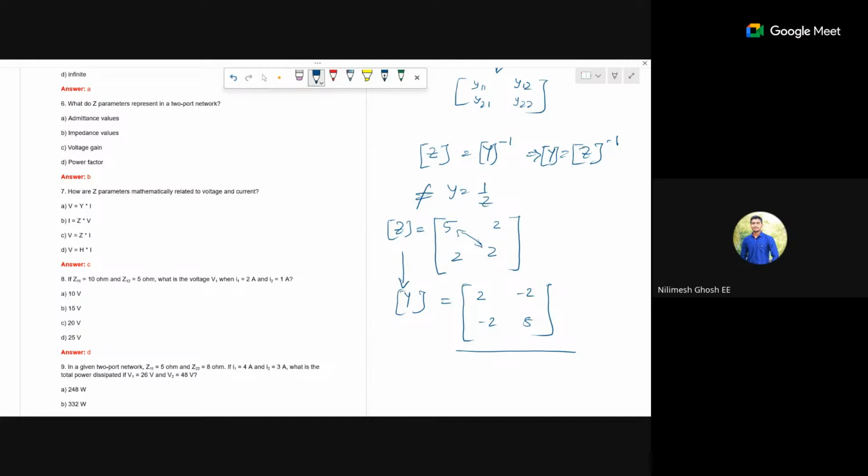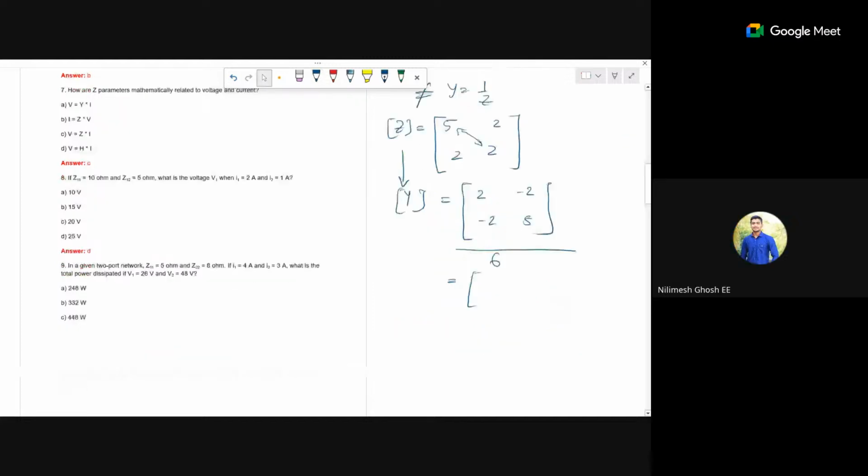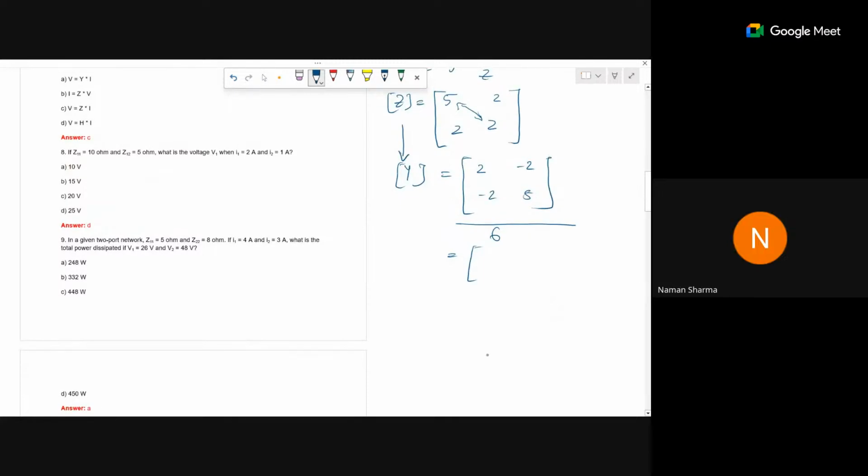And we have to divide by the determinant, which is 5 into 2 minus 4, so 6. So our Y matrix will be 1 by 3, minus 1 by 3, minus 1 by 3, 5 by 6.